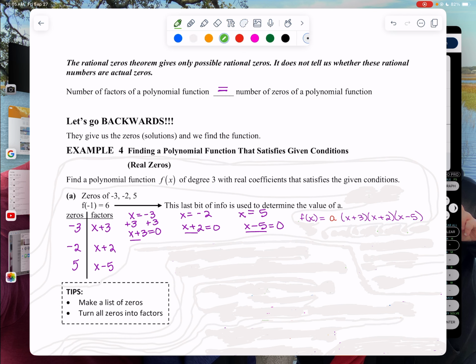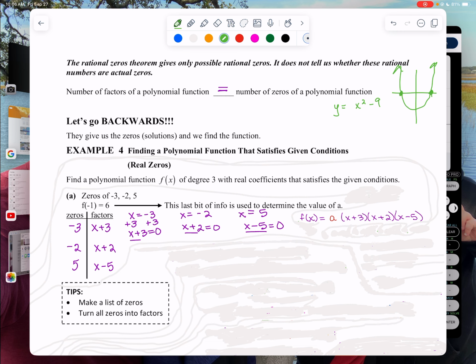Now, the problem is, let's say I had x squared minus 9. If I graphed it, it will be crossing at negative 3 and positive 3.